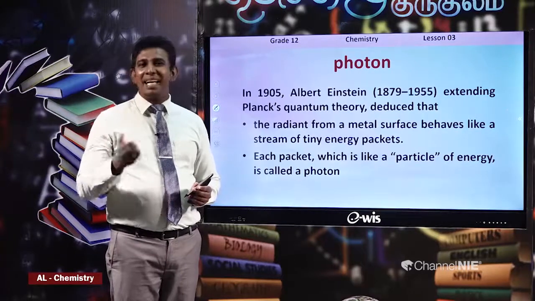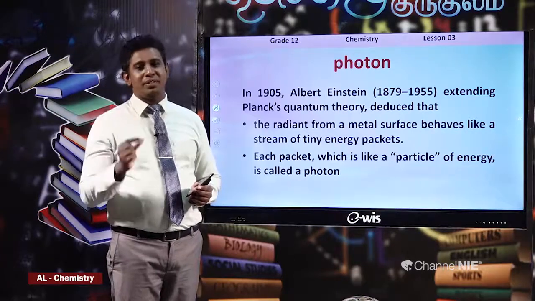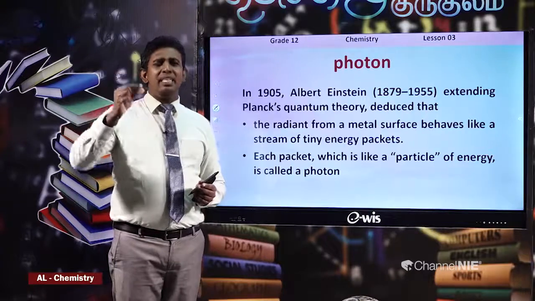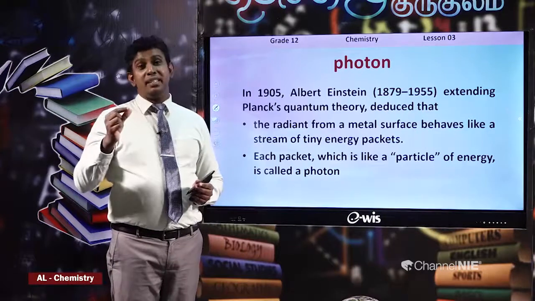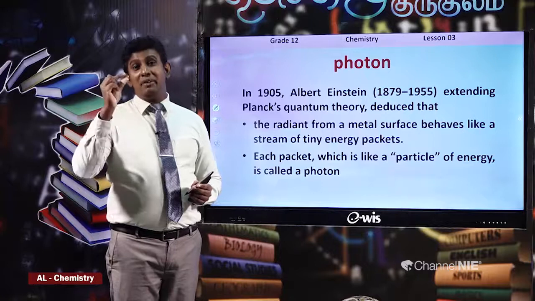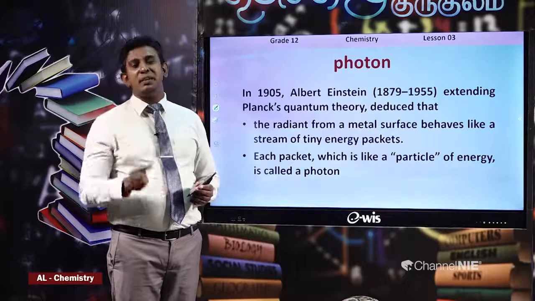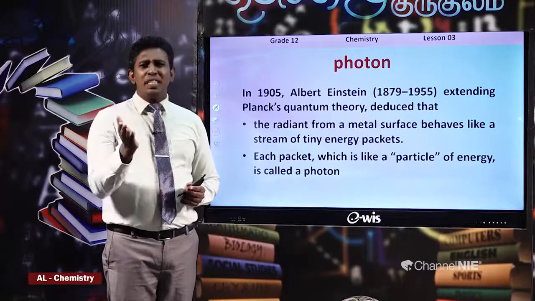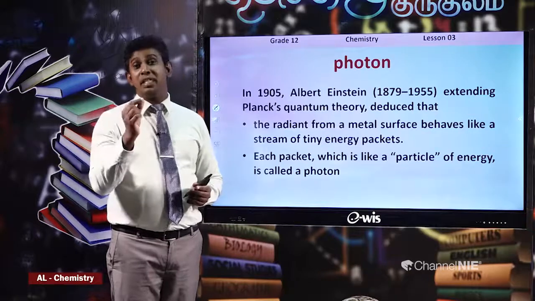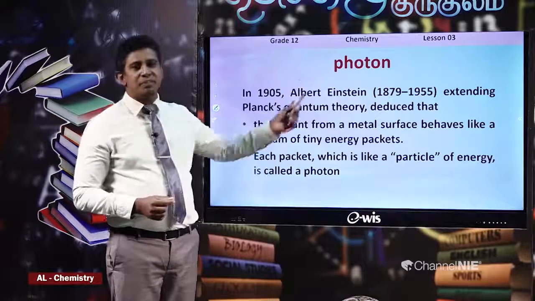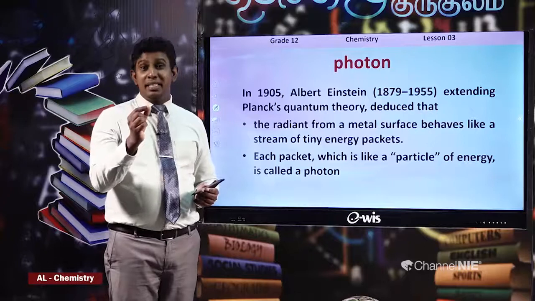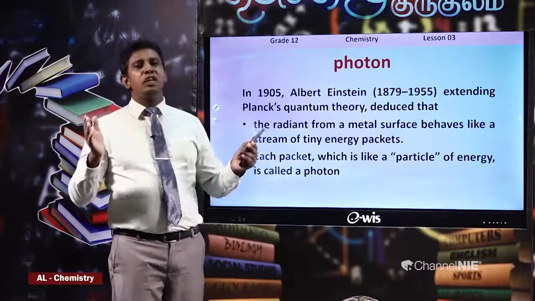It's like matter having atoms. So these energies are quantized, and they have their own smallest amount of energy. This smallest amount he denoted with the term photon. Photon was the name standing for that smallest amount.